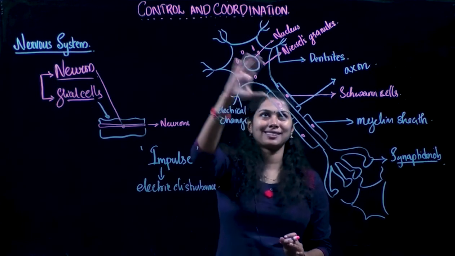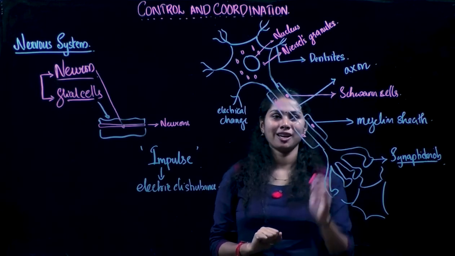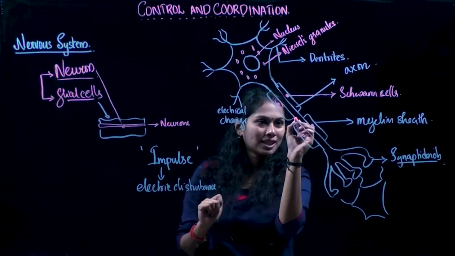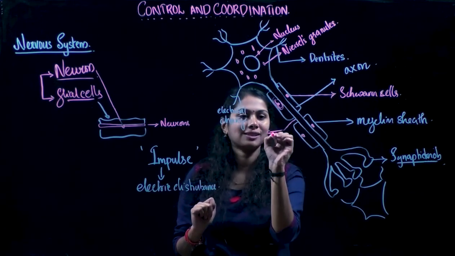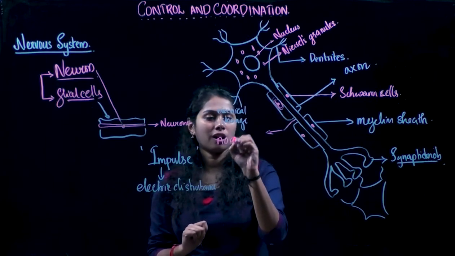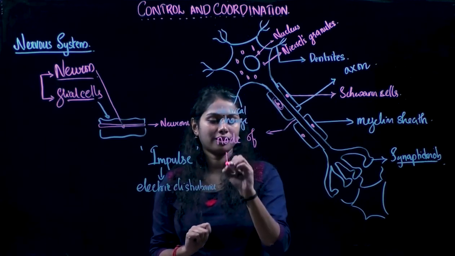So, this is the structure of a neuron. And sometimes in between these myelin sheaths, we can see a gap of the axon. This gap is called the node of Ranvier.